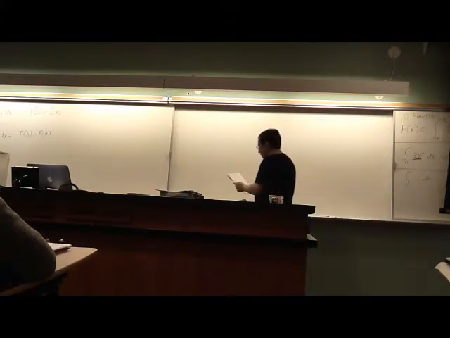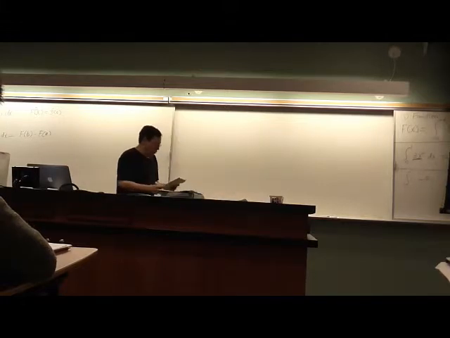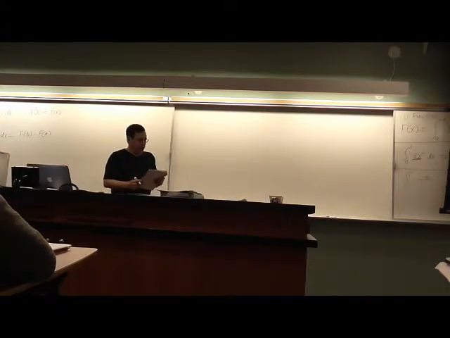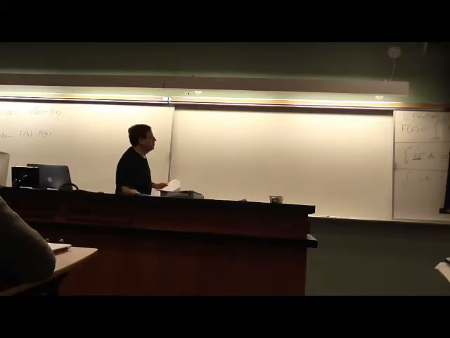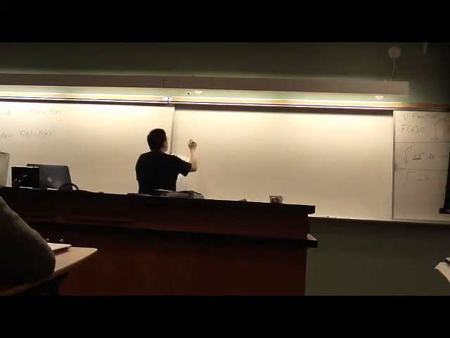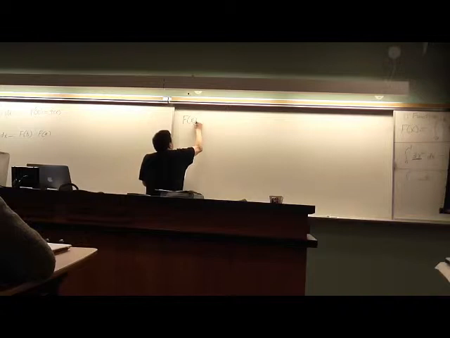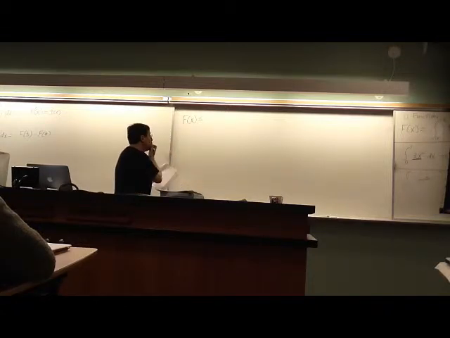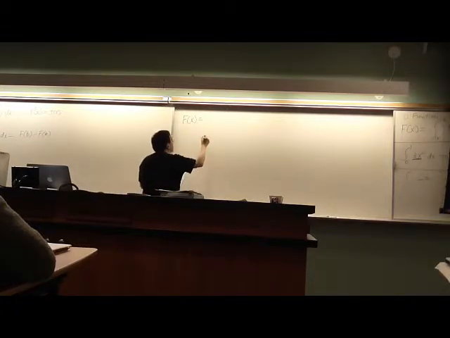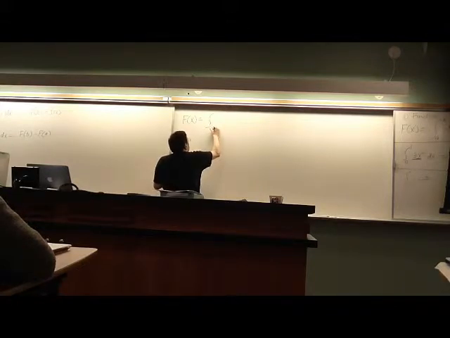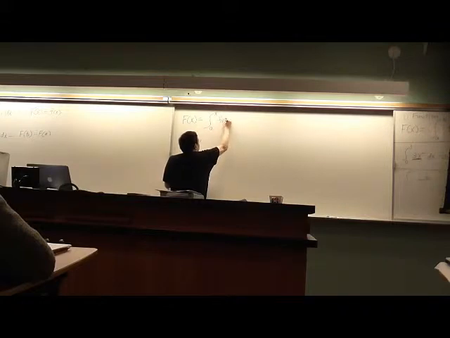Okay, so to show this, I'm going to start off by defining a function using an integral, the third way I demonstrated that we can do this. I'm going to call my function capital F of x, and define it as the integral from some constant a to x of f of t dt.